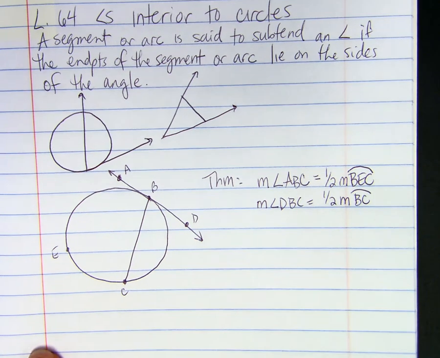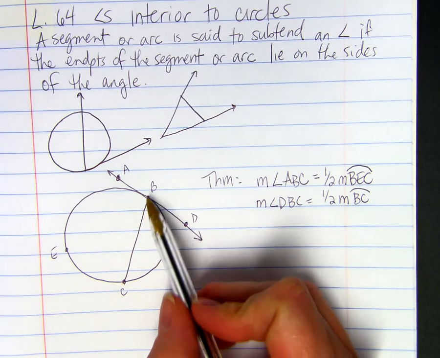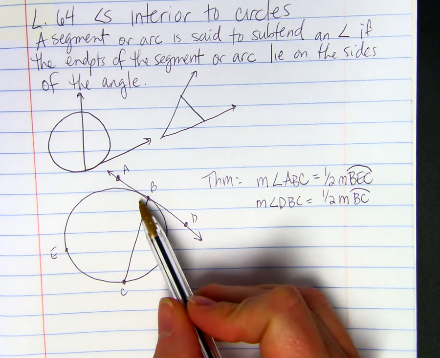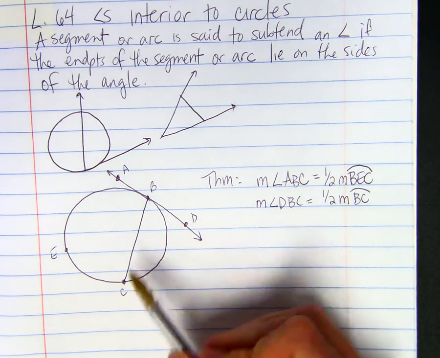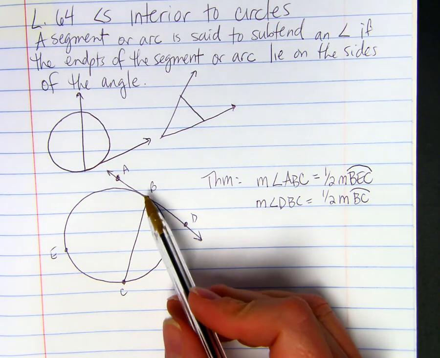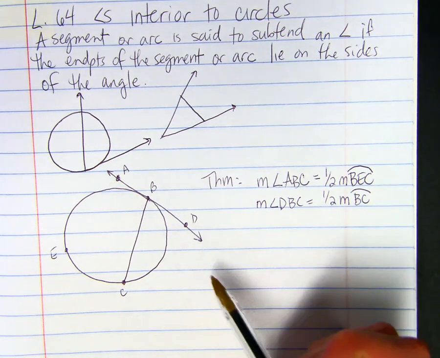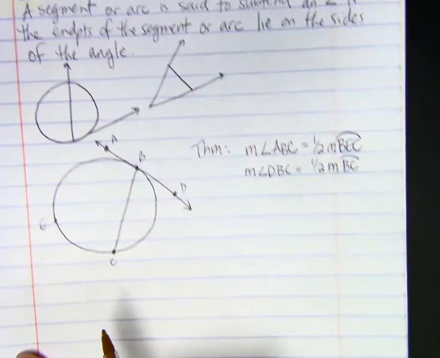So it's the same thing as inscribed angles, only one of the sides of the angle is going outside of the figure. One side of the angle is part of your tangent line. But it's the same thing, it's just equal to half the arc.